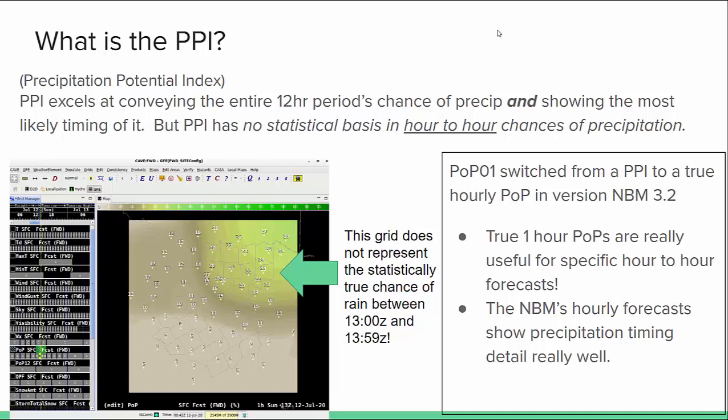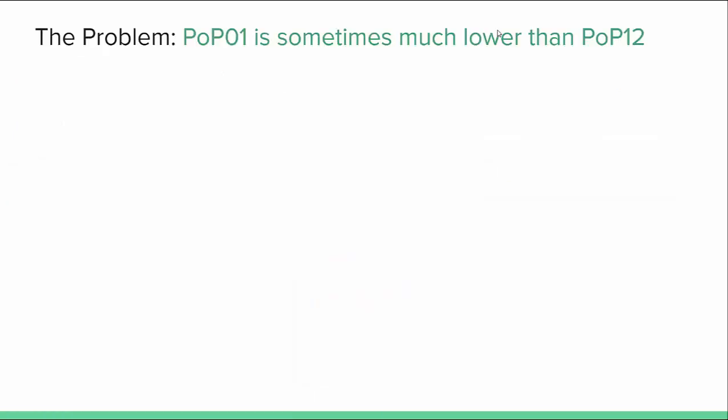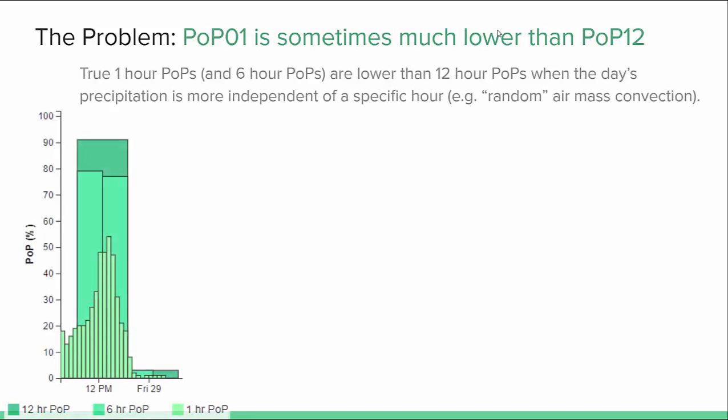They're calibrated to that, and they do show precipitation timing in detail really well. However, because it's a true statistical 1 hour pop, it's sometimes, or maybe even often, much lower than the 12-hour pop. And here's a nice diagram to show that to you.